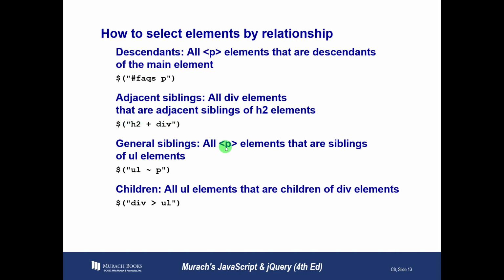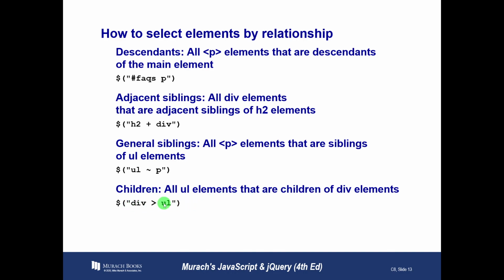General siblings. Using the tilde sign. Give me all the P elements that are siblings with a UL element. We only want the paragraphs that are siblings with an unordered list. Okay. And then we have the greater than sign, which is the parent-child relationship.